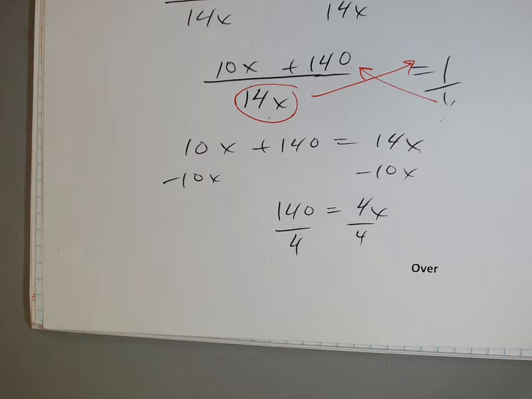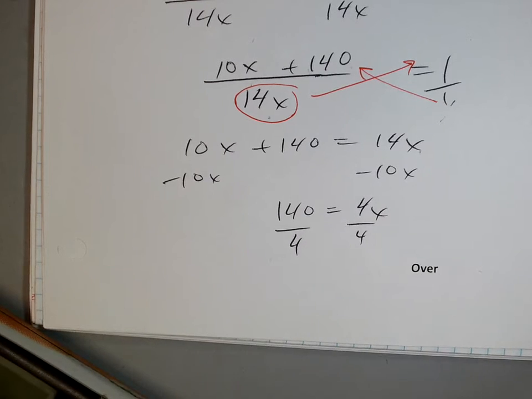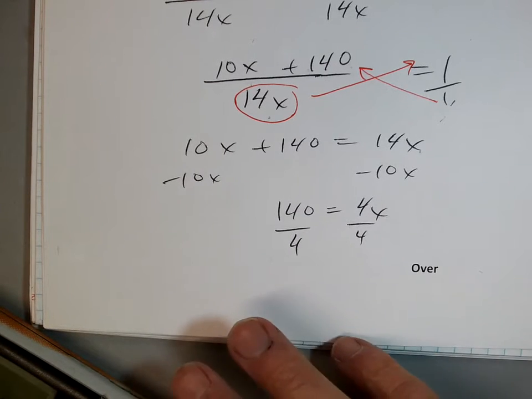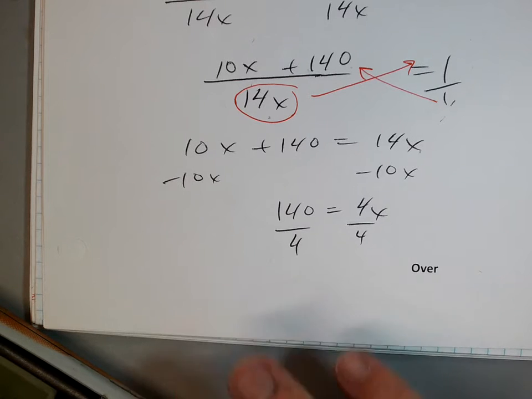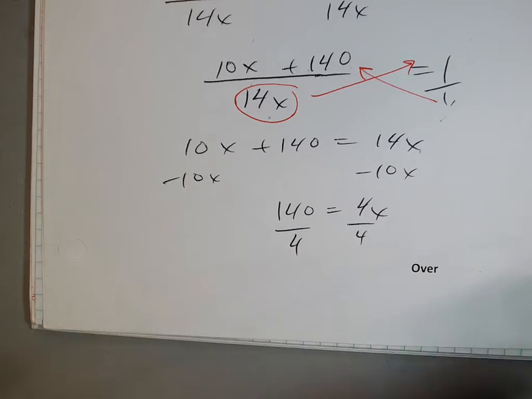I got 35. So he's really slow, isn't he? 35 days? Wow, Cole's really slow. I guess we better keep Saul, huh? So 140 divided by 4, I get an answer of 35 days, okay?